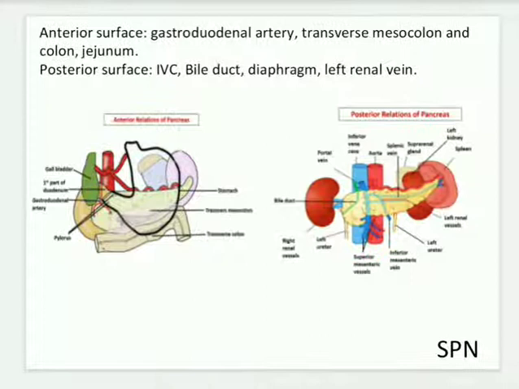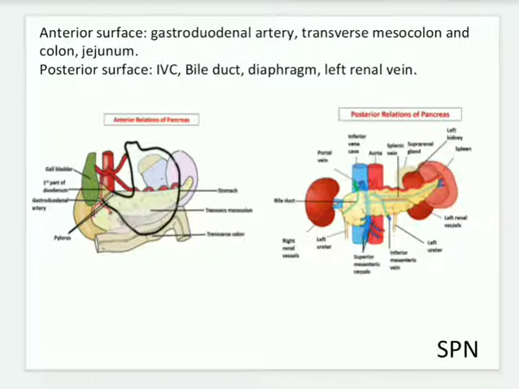Coming to its surfaces, anterior and posterior. These surfaces are related to the gastroduodenal artery, transverse mesocolon, transverse colon, jejunum, and, on the posterior surface, the inferior vena cava, bile duct, left crus of diaphragm and left renal vein.